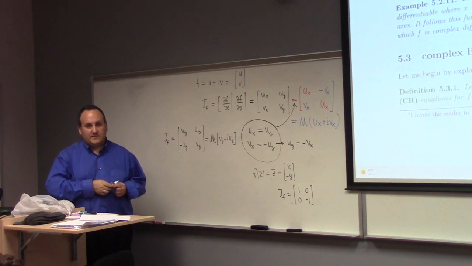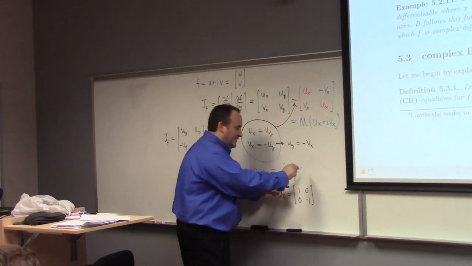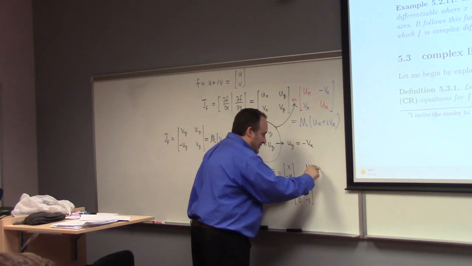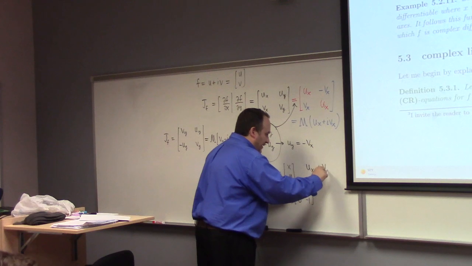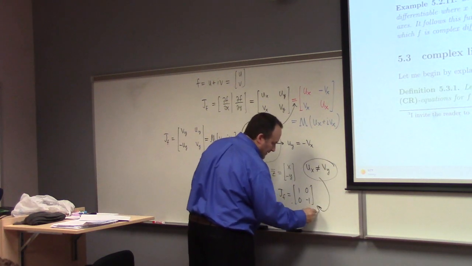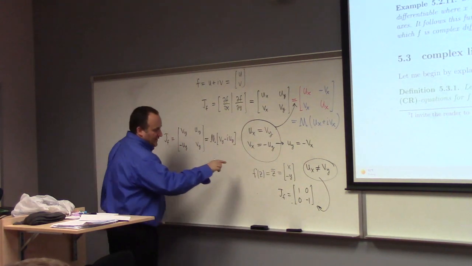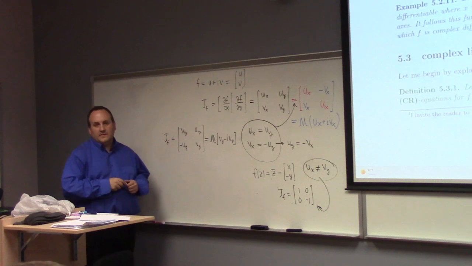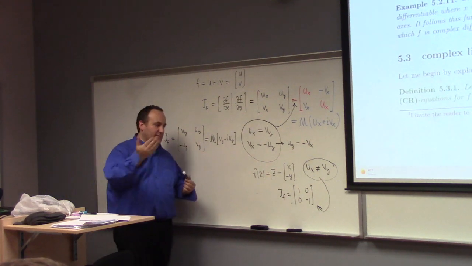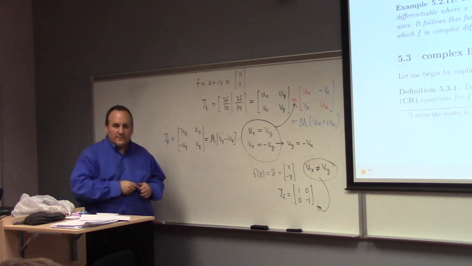It's not the right pattern, corresponding to the fact that ux is not equal to vy. See that? The component functions of f of z equals z bar, namely x and minus y, don't solve the Cauchy-Riemann equations.